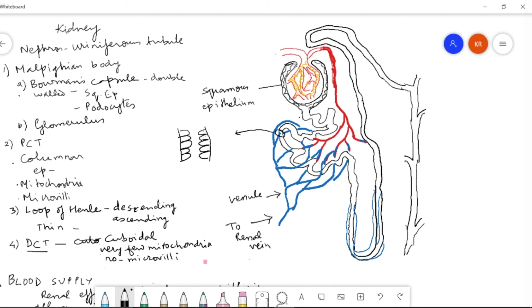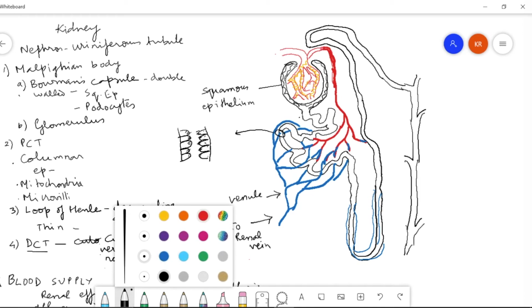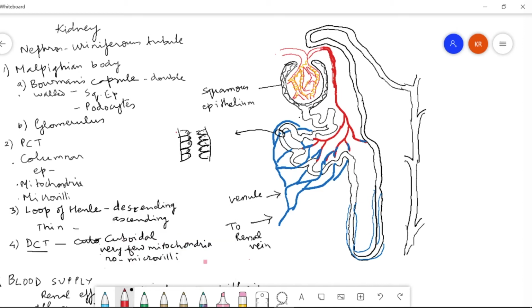So these are the cells of the PCT, and these have got lots of microvilli. This is the luminal space. Now, remember that here I am just showing for representative purposes a blood vessel. This is the blood vessel.